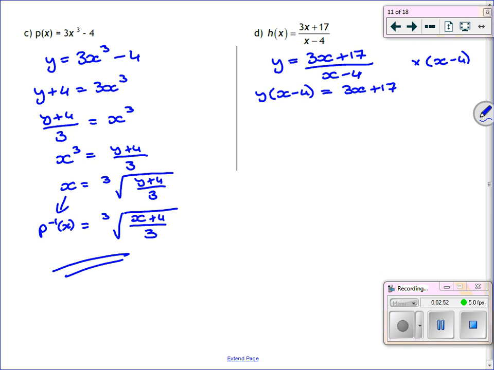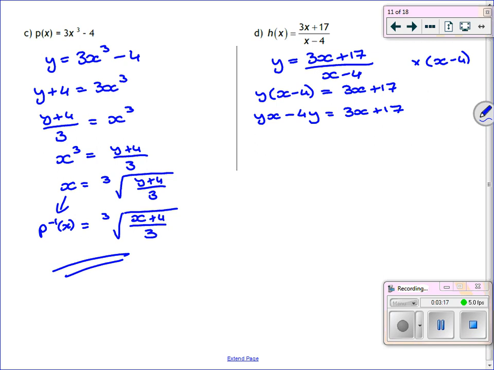And because I've got my x inside the bracket, I have no other option but to run the y through the bracket in order to release it. So let's expand the bracket on the left hand side. So I get yx minus 4y is equal to 3x plus 17.